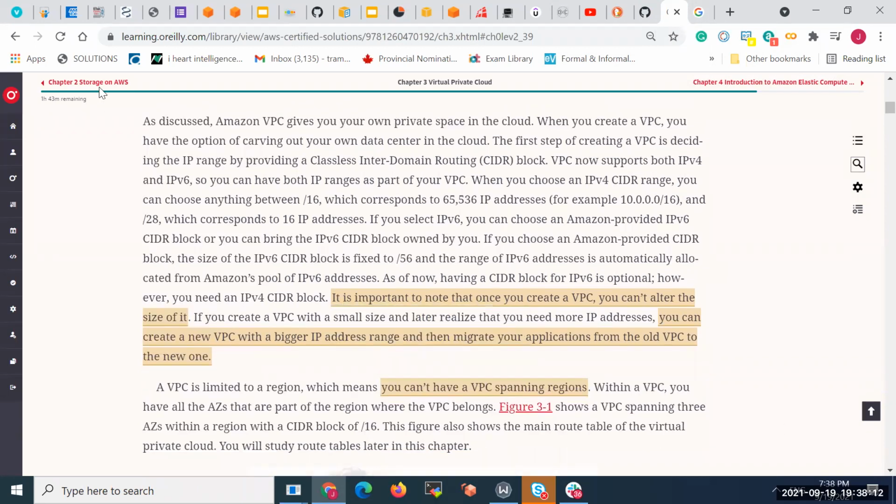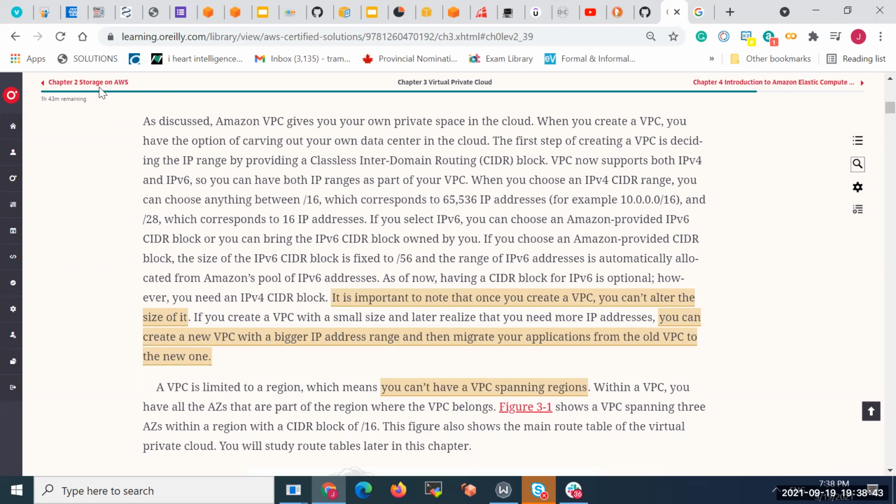Okay, so on here, as you can see, the VPC is actually your own virtual private cloud, and it's important to note that for a VPC you cannot alter its size. So if you create a VPC with a smaller size and later on realize that you need more IP addresses, then you need to create a new VPC with a bigger IP address range and migrate your application from the old VPC to the new one.